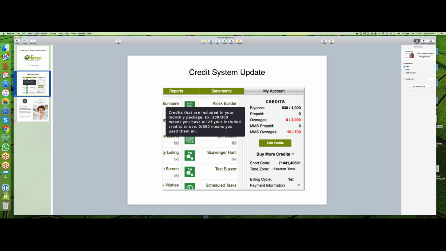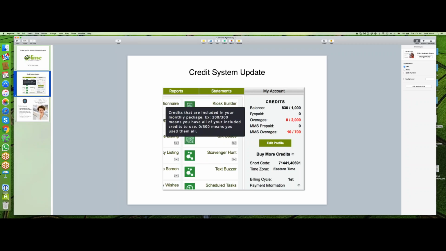Now, if you gave 0 free credits to your customers, then we won't display it at all. So balance is really the free credits you're giving your customers, and it will count down, in this case from 1,000 down to 0. And in this case, I have 830 left to use of my free credits.